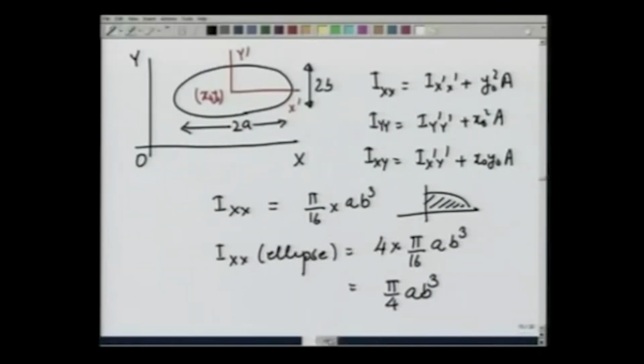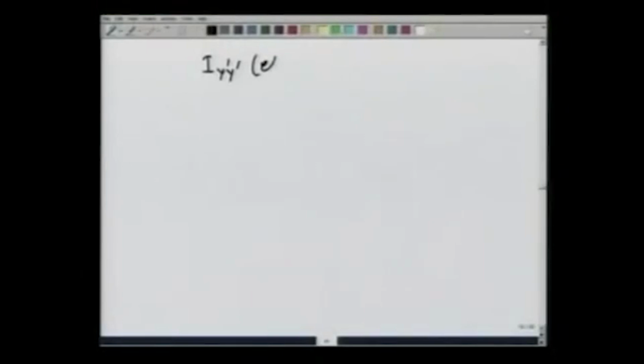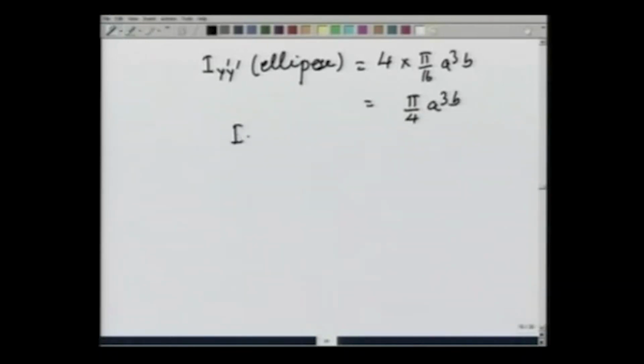Similarly, I y prime for the ellipse is going to be 4 times pi over 16 a cubed b, which is pi over 4 a cubed b, and I x prime y prime is 0.